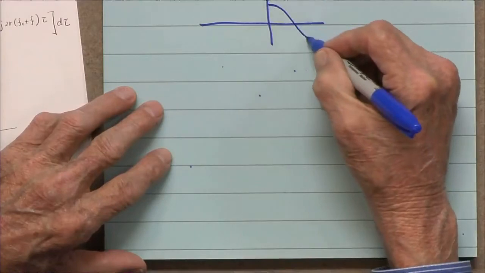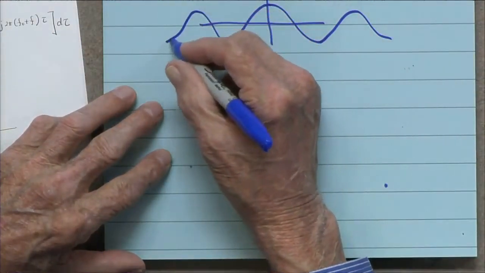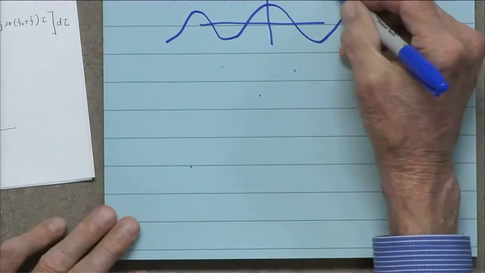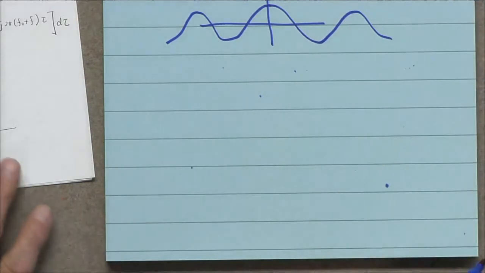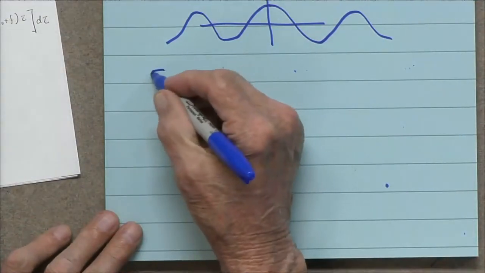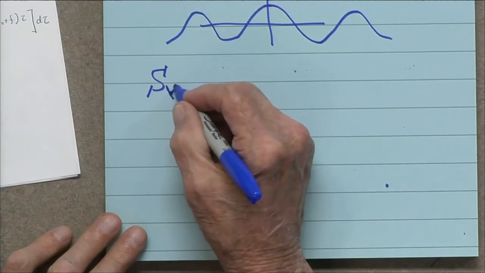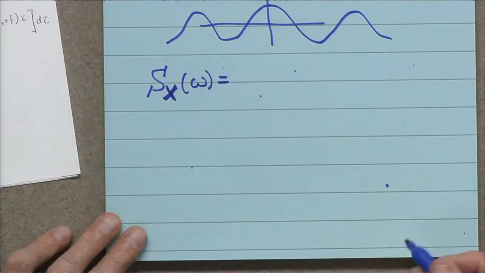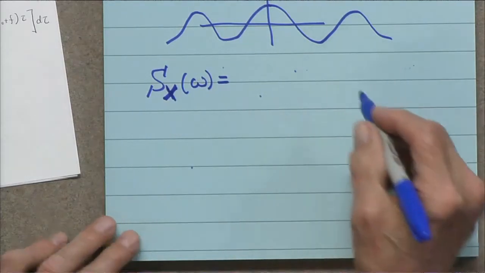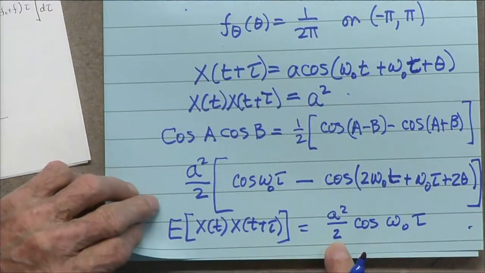So it looks like this. So this is cosine omega 0 times tau. The power spectral density, S of omega, is equal to, no, this came out to be A squared over 2.